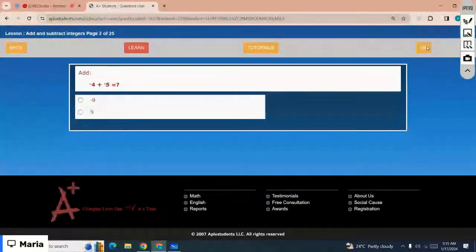Negative 4 plus negative 5 equals, both the numbers are negative, you have to add them and the answer must be negative. So the correct option is negative 9. Very good. 2 minus 3 equals, negative 1 it is, right?